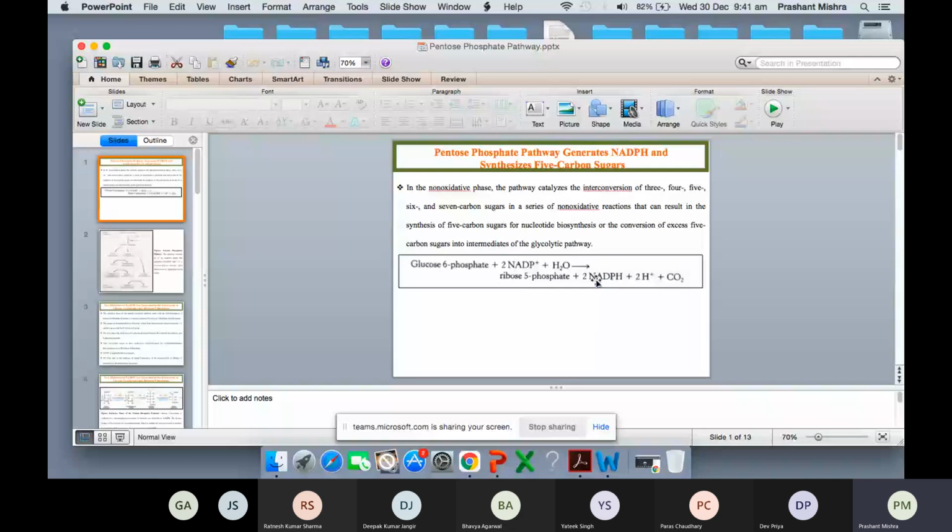Ultimately, if I take C4 from here and C5 from the first one, you get C4 plus C5, which makes C6 plus C3. See, if I sum up all the three reactions, what you find is that 2 C5 here and 1 C5 here, so you have 3 C5.